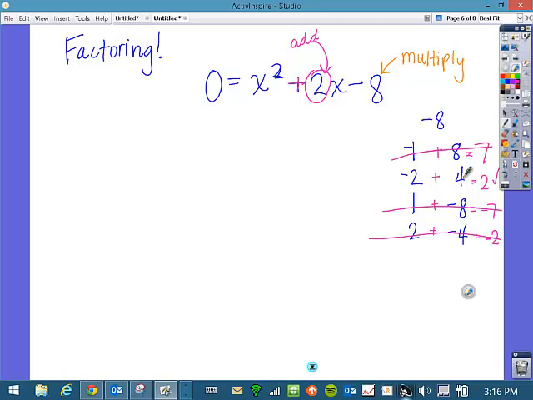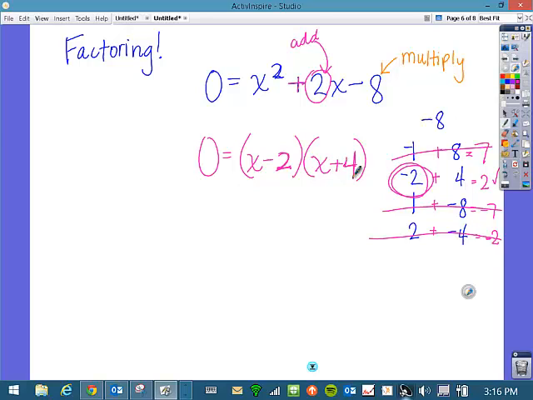Those are the factors that multiply to give you -8, but add up to give you +2. So you're going to factor this in two sets of parentheses: x minus 2 is in your first parentheses, and x plus 4 is in your second parentheses.